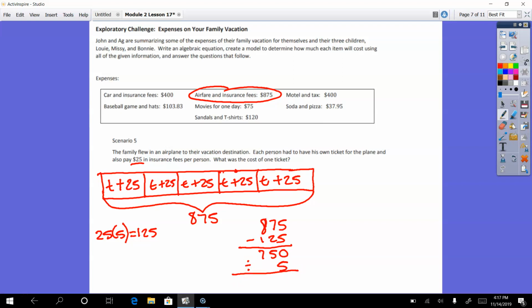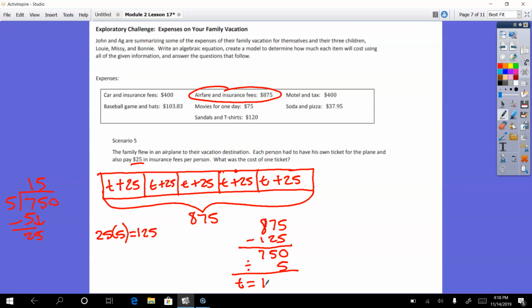So divided by 5, 5 will go into 15. That doesn't make sense.